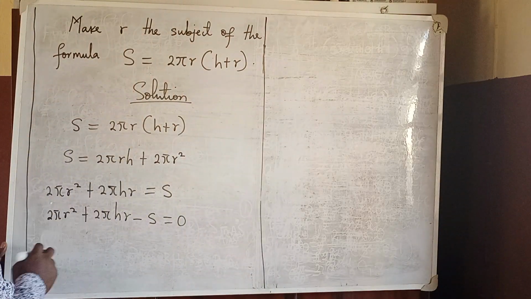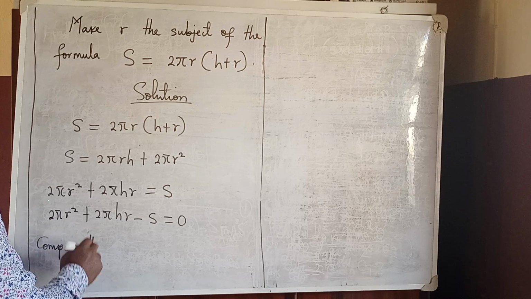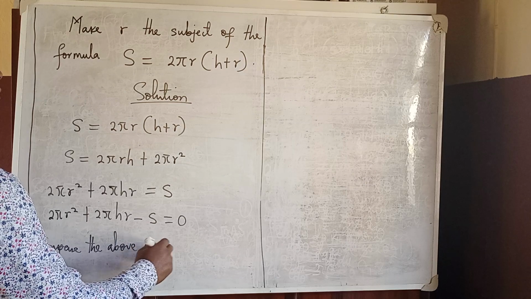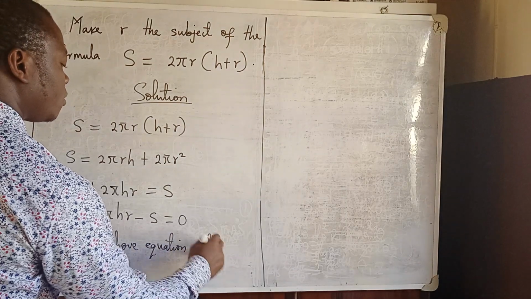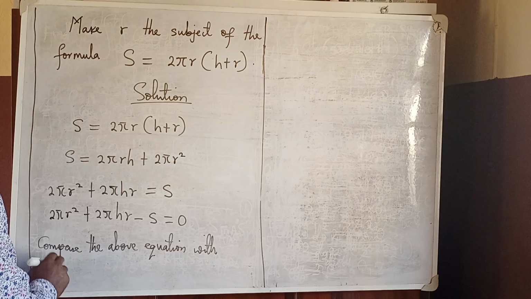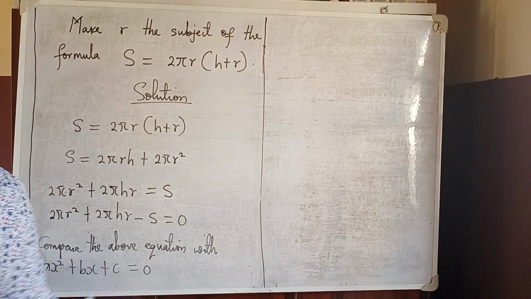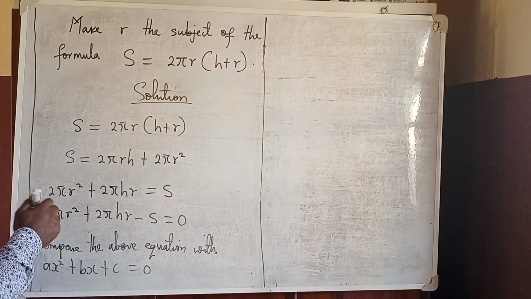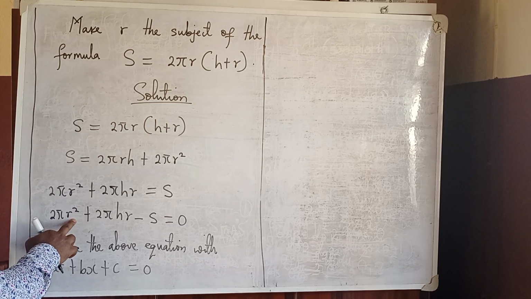If you compare the above equation with ax squared plus bx plus c equals 0, you see that in this case, our a is this 2 pi and our x squared is this r squared.